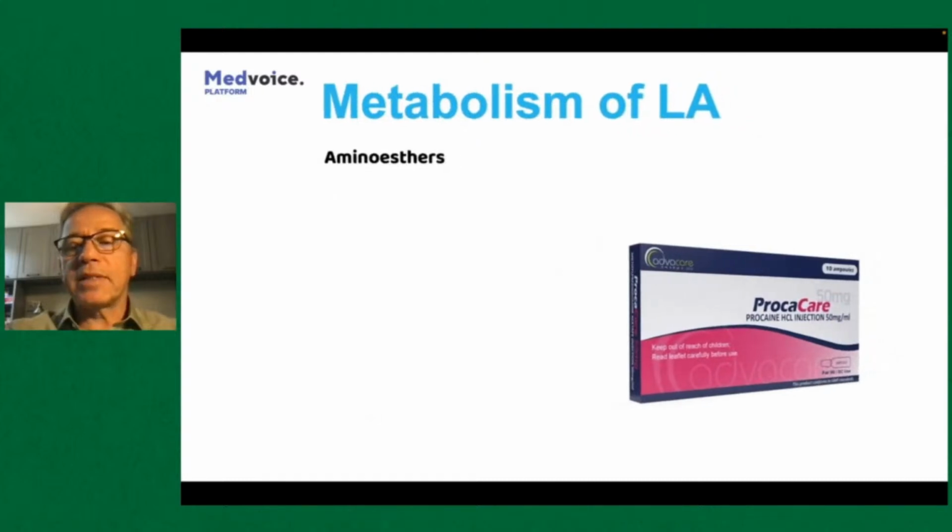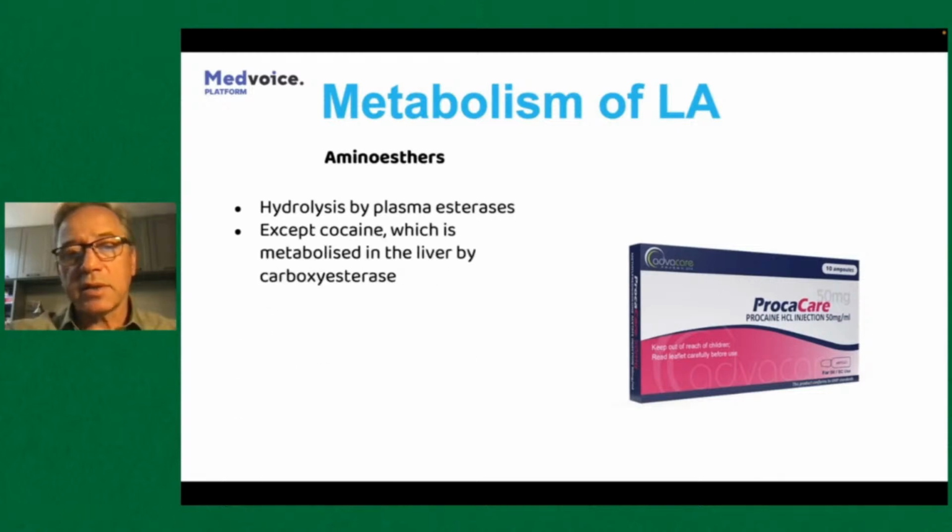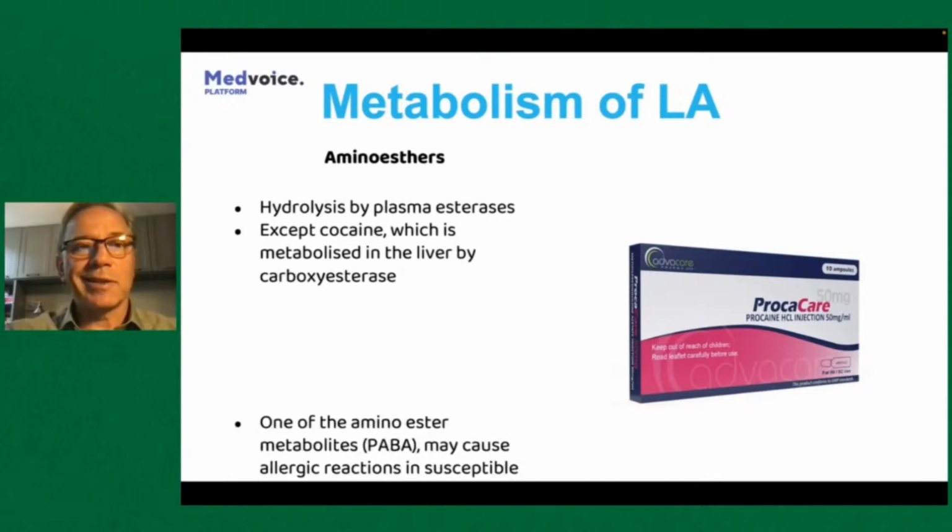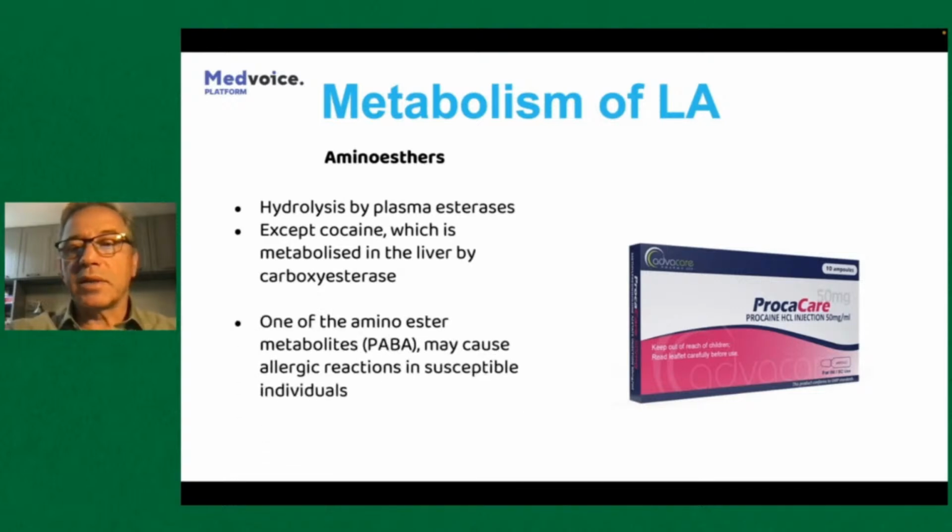Okay, metabolism is different between amino esters and amino amides. With amino esters, they are hydrolyzed by plasma esterases, except cocaine, which is metabolized in the liver by carboxyesterase, a different enzyme. And one of the amino ester metabolites, para-aminobenzoic acid, PABA, may cause allergic reaction in itself in susceptible individuals. And rapid hydrolysis leads to a very short half-life.